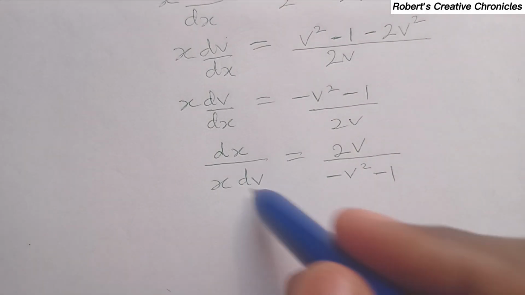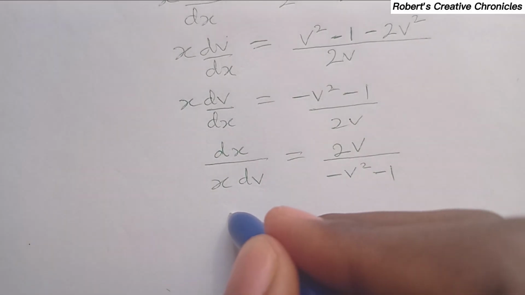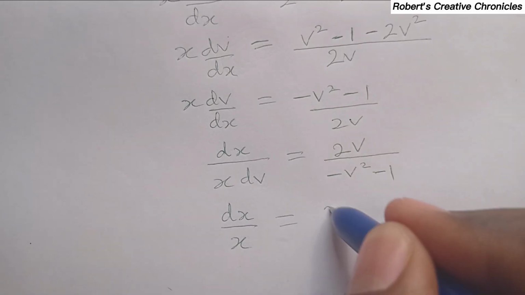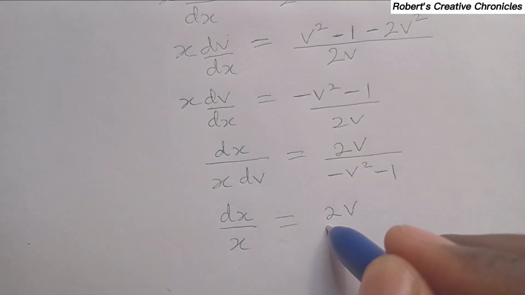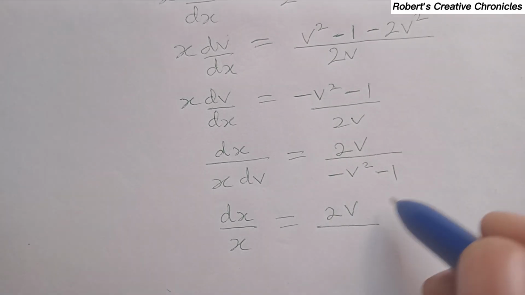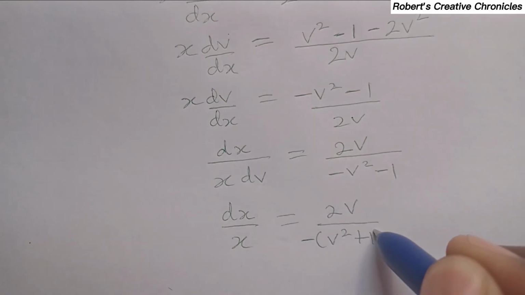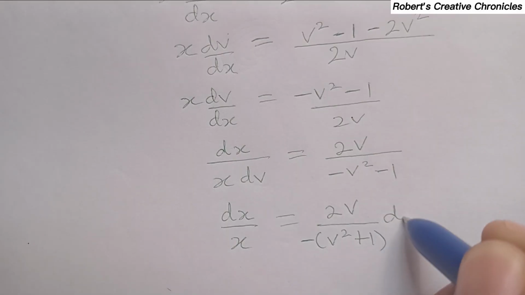So now we will take this dv here. So it will become the x over x is equal to 2v. We can factor out minus here from the denominator, so it becomes minus v square plus 1, then the v.